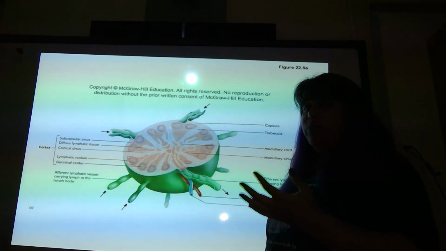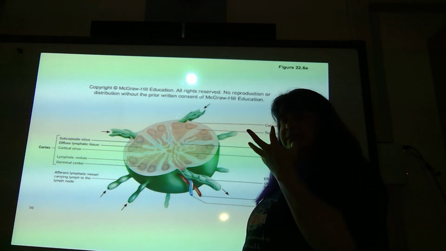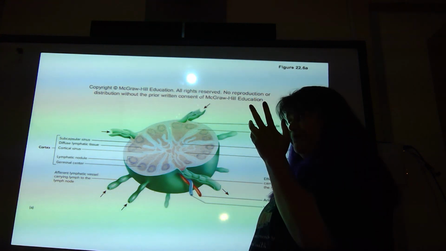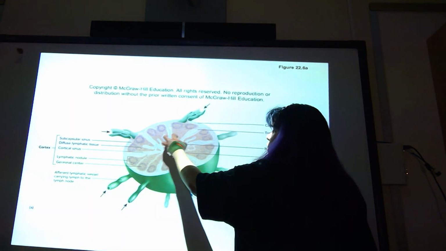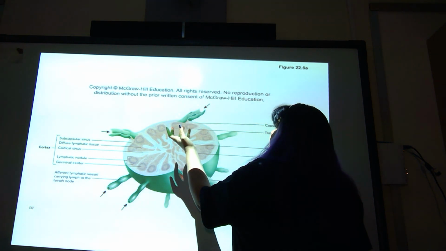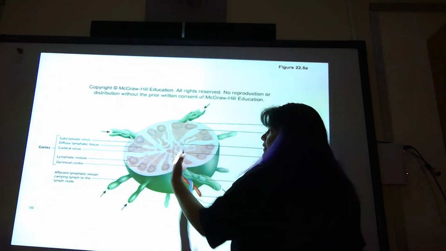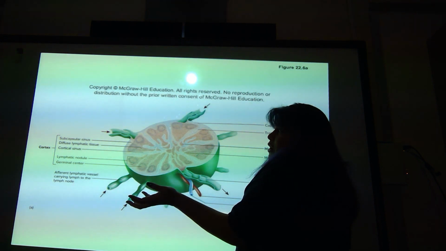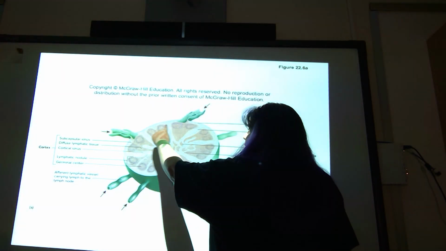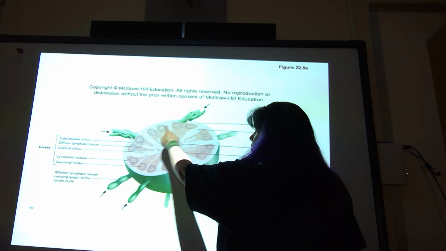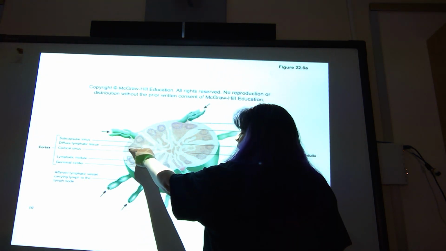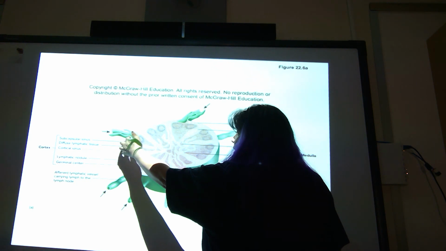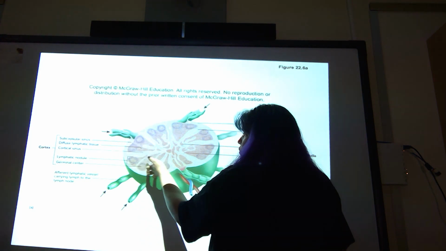Remember I told you that we're filtering the lymph as it comes in, and these are my filters? This bundle of cells and the cords and reticular fibers and things like that actually become equivalent to a coffee filter. Out here in the cortex, okay, so the outside is the cortex, we have the subcapsular sinus, which is going to be the capsule that goes around.